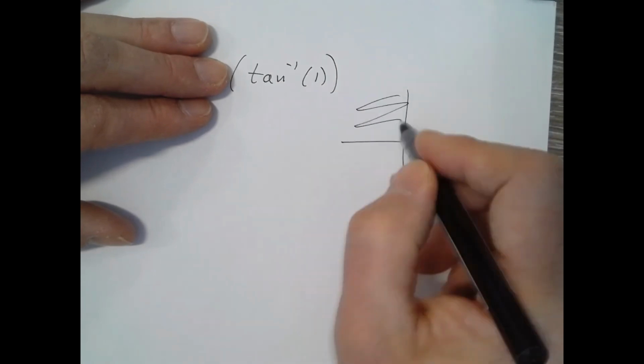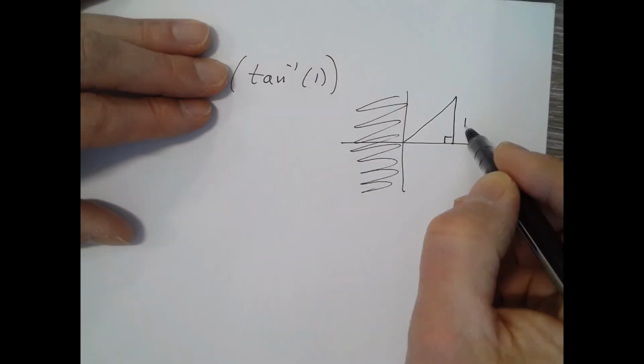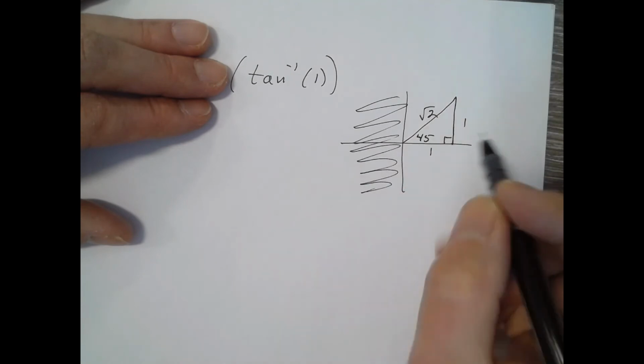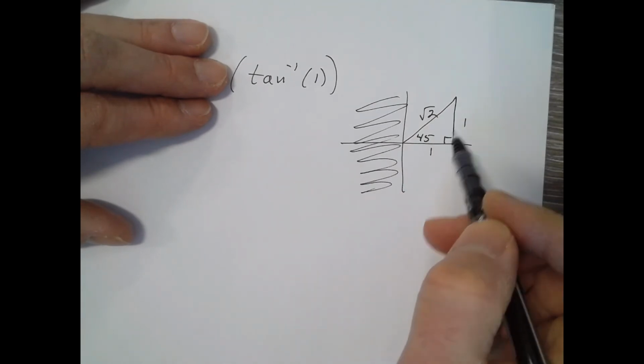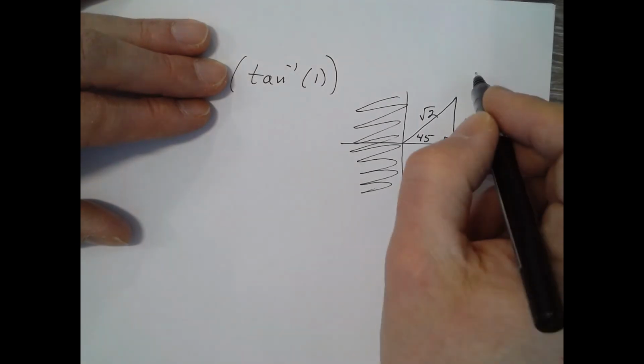Inverse tangent exists in these two quadrants. With 45, good, positive 45 degrees. That angle has a tangent of 1 because opposite over adjacent is 1. So 45 degrees is pi over 4.